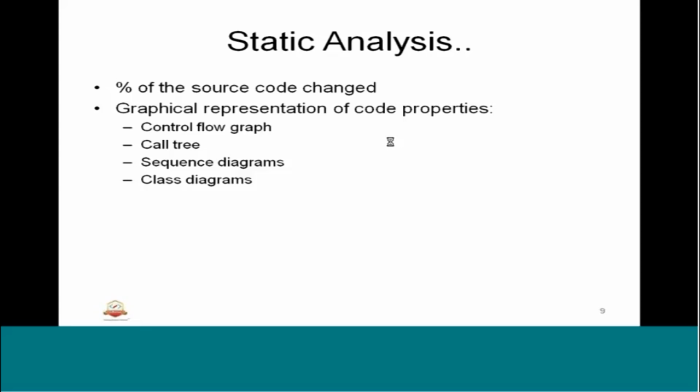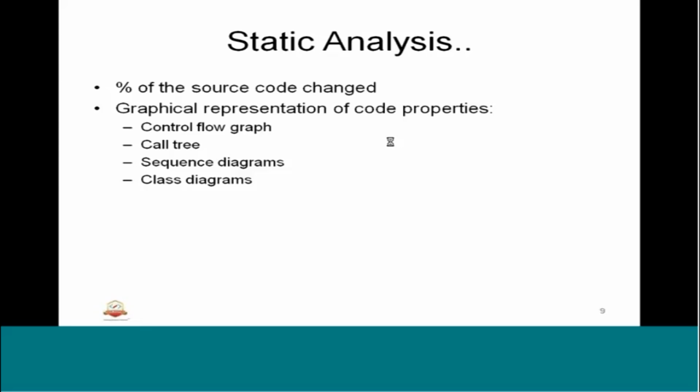The tools can tell basically the percentage of source code that has issues, before we start developing the test cases, etc. Then we can use a graphical representation of the code properties.